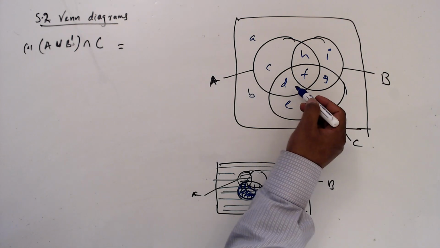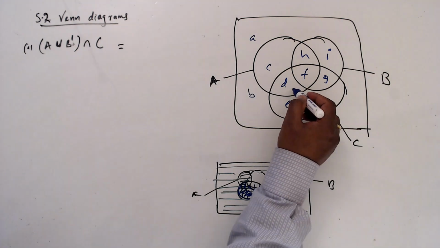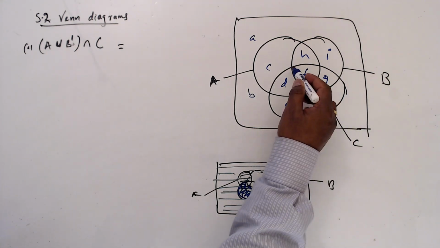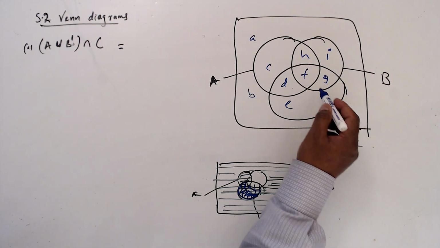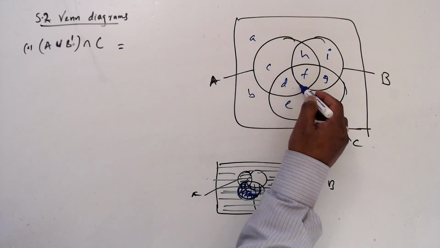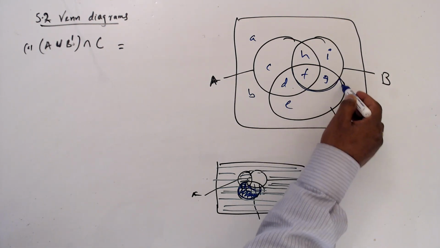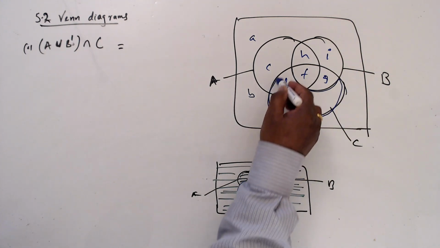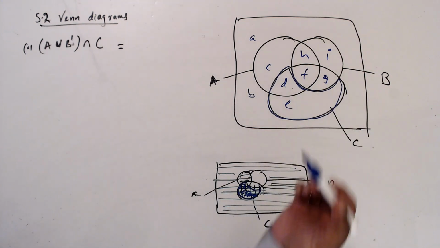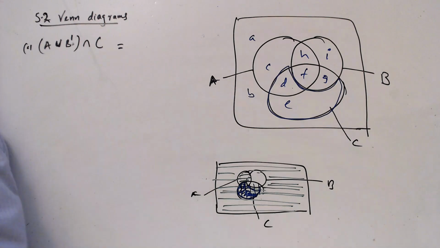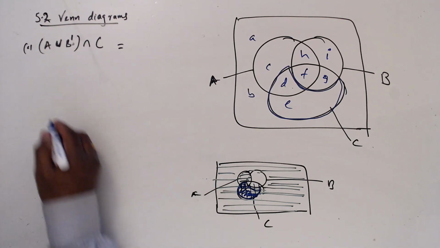Basically we need this area, this bit. The picture is not that clear. I will draw again.